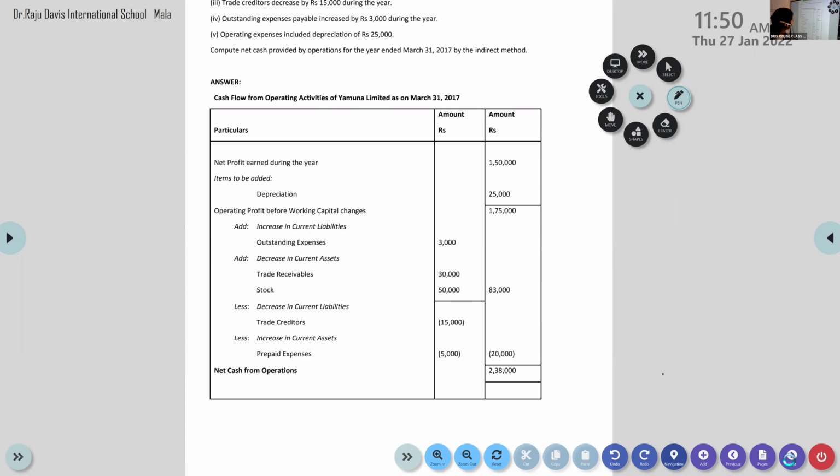Then we have to adjust the working capital changes. The result we got is the operating profit before working capital changes. Now we are going to adjust the working capital. What is to be added?